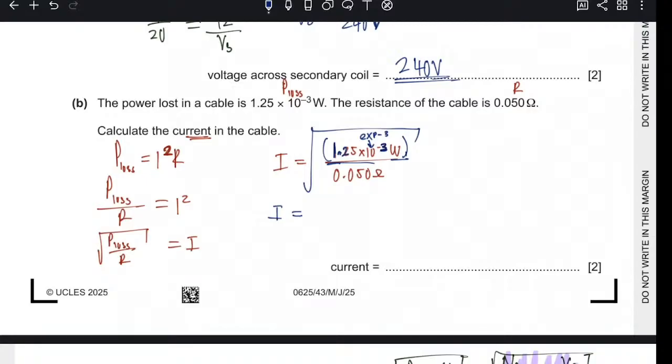What's the answer? No, it shouldn't be 0.5. Come on, students.